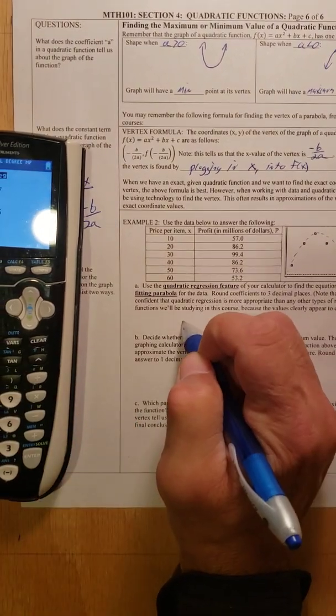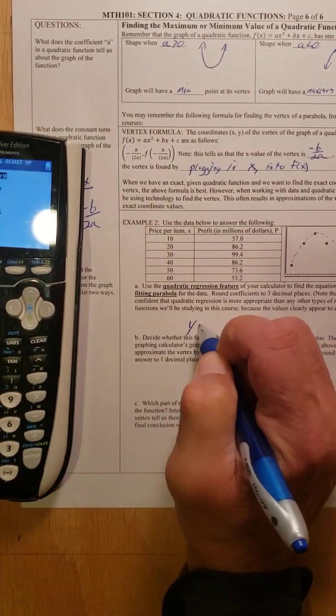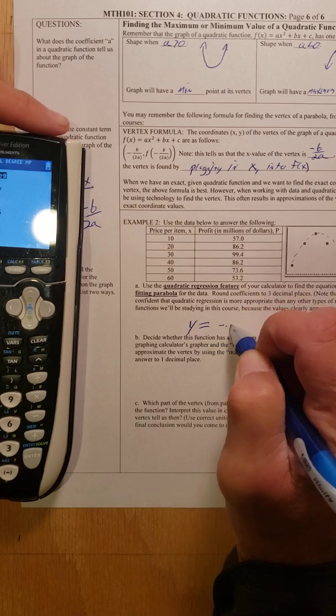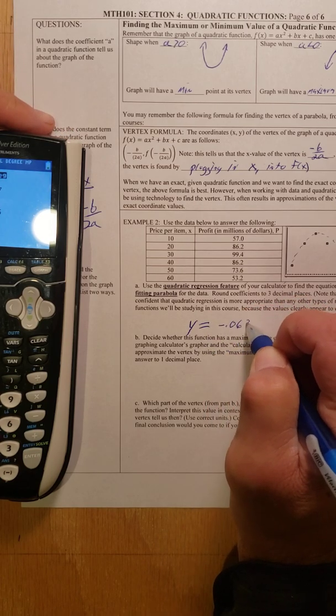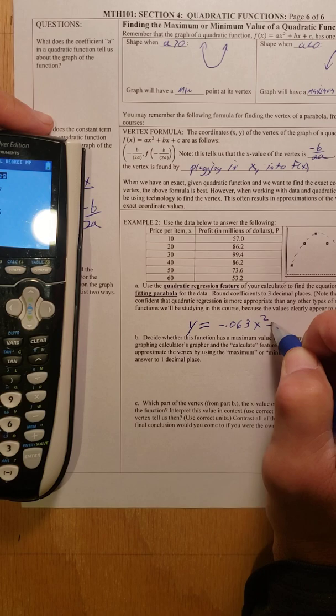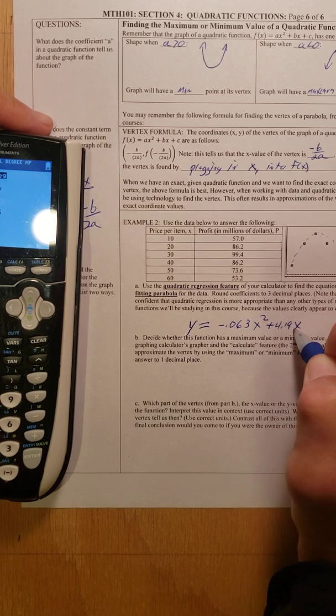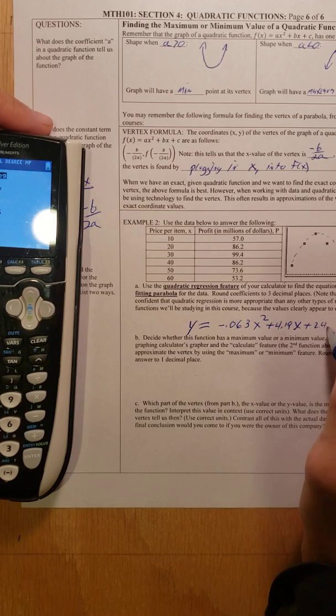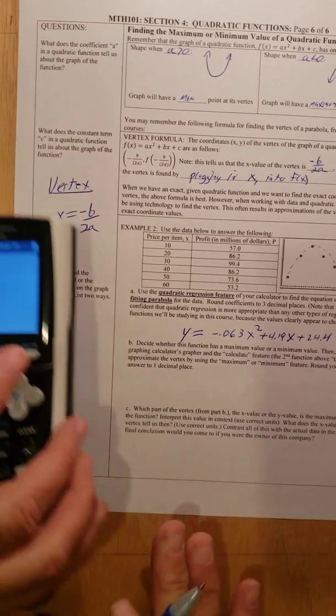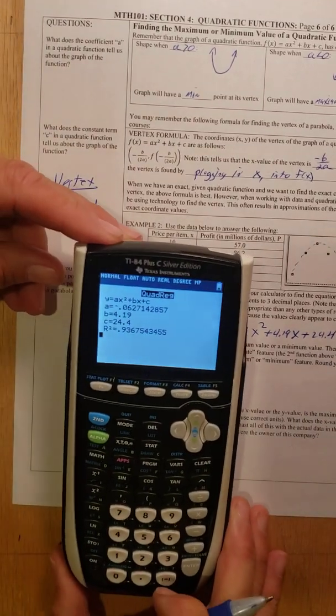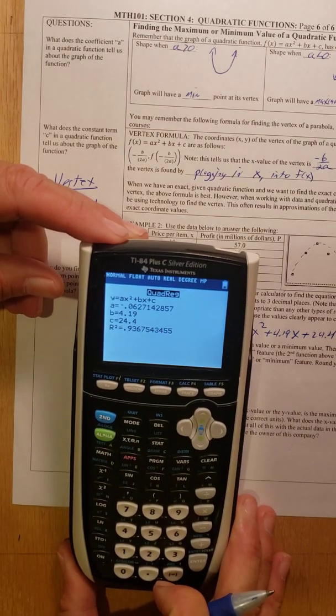And I'm getting y equals negative 0.063 x squared plus 4.19x plus 24.4. So that's the equation that I get when I do my quadratic regression.